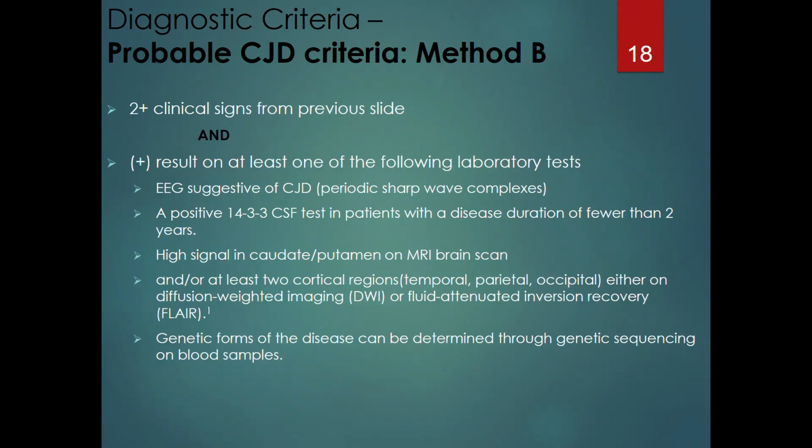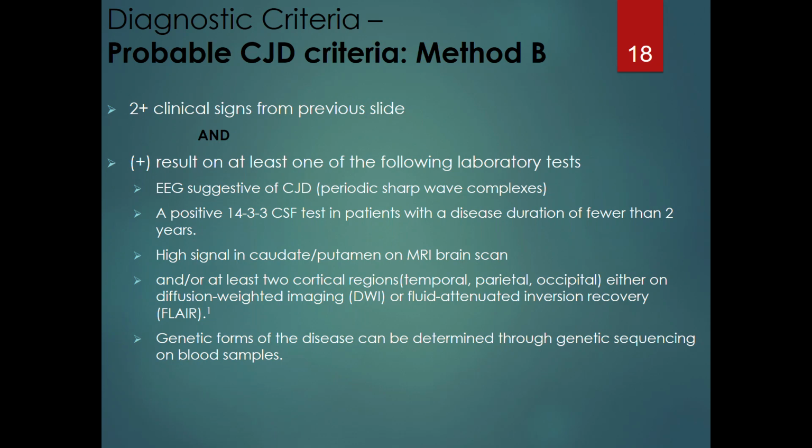A probable diagnosis of CJD can be made in a patient who exhibits at least two clinical signs, such as myoclonus, visual or cerebellar signs, pyramidal and extrapyramidal signs, or akinetic mutism discussed on the previous slide, along with a positive result on at least one of the following lab tests.